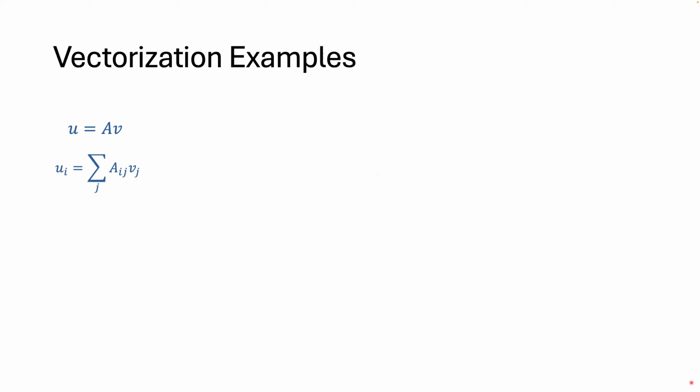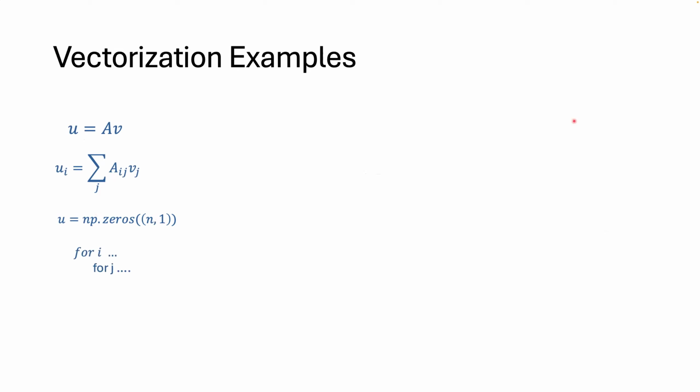The non-vectorized implementation of this would be to set u equals np.zeros of n dimensions, and then loop over i and j.